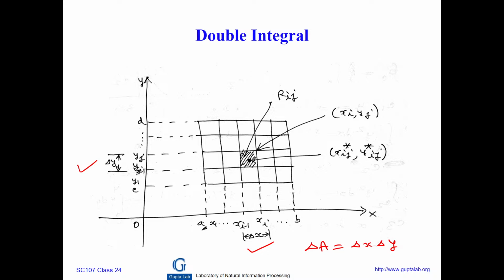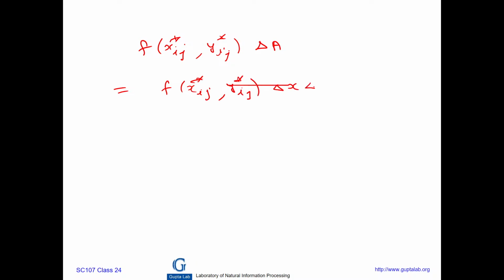So I am taking this sample point, and then computing this value here, f of xij star, yij star. Basically this is the height times delta A, which is nothing but f of xij star comma yij star into delta x delta y, right?